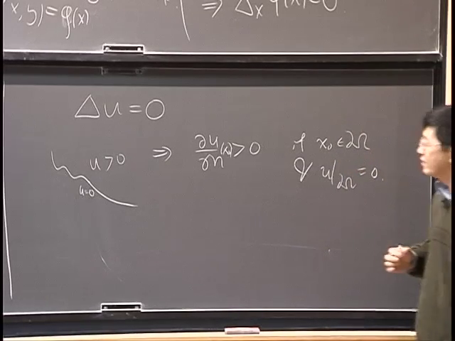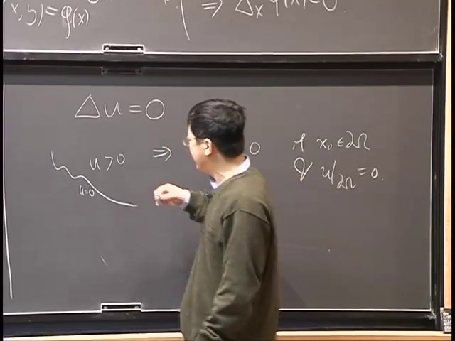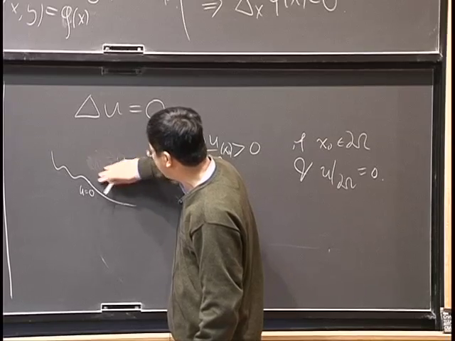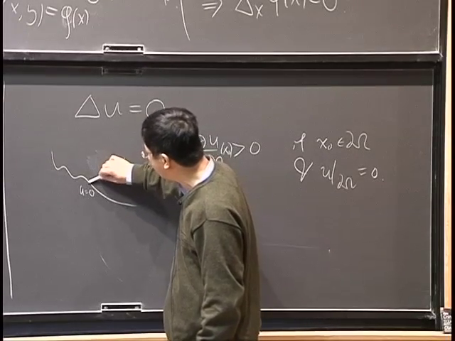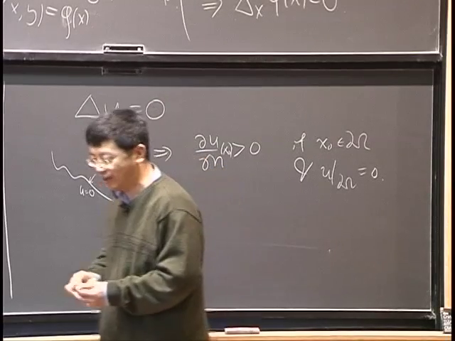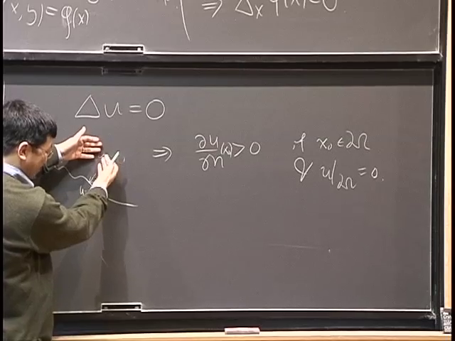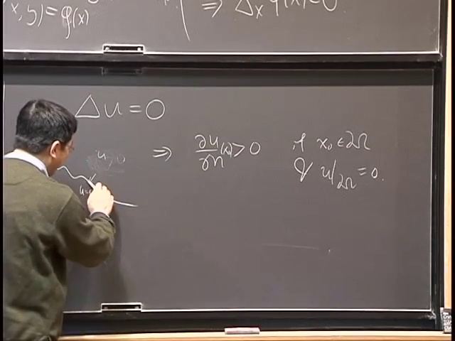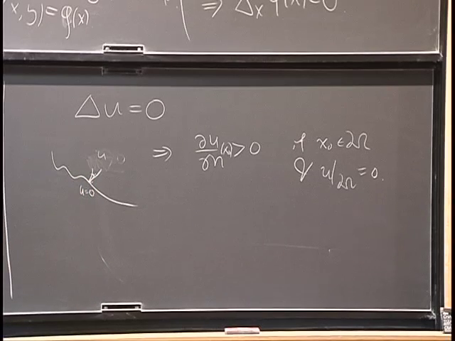What that means is that, at least analytically, I only talk about the analysis, once you see u is positive, this positive information propagates immediately to the boundary. Not only that, it influences the first order derivative on the boundary right away. Because if you change this positive thing into a little bit more positive, then instantaneously you will see the normal derivative of the solution on the boundary change a little bit.